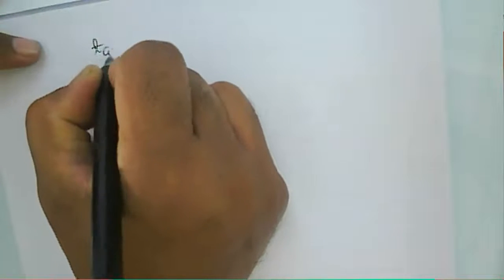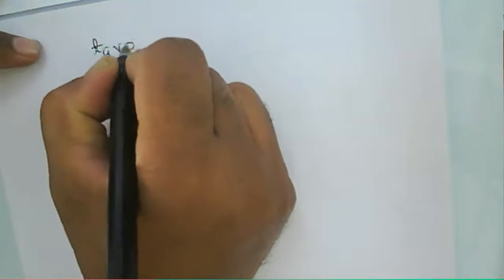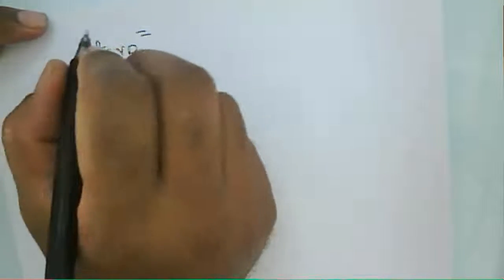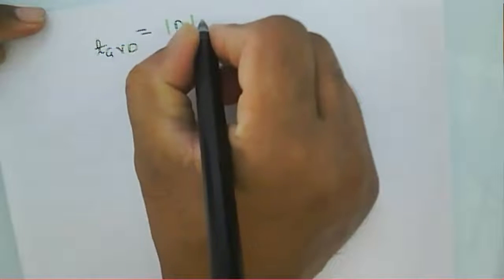So we can obtain the group velocity dispersion rise time; it depends upon the spectral width of the source and the dispersion.